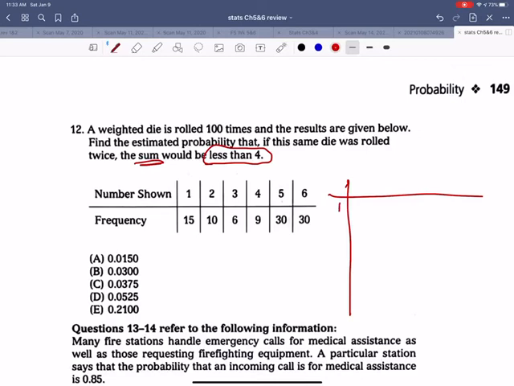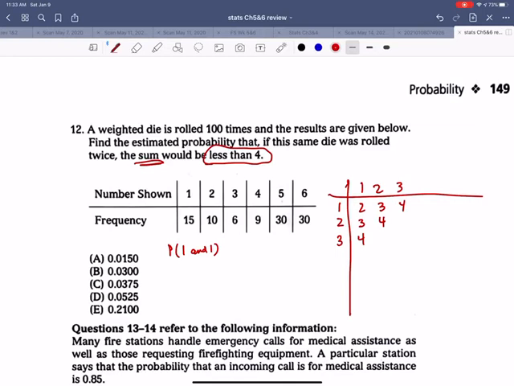Okay, so I can get a 1, a 2, a 3 on the first roll, and a 1, a 2, 3 on the second. So this sum would be 2, 3, 4. This sum would be 4, 4. Everything else is greater than, right? So what's the probability it would be less than 4? What we're looking at is the probability we have a 1 and a 1.